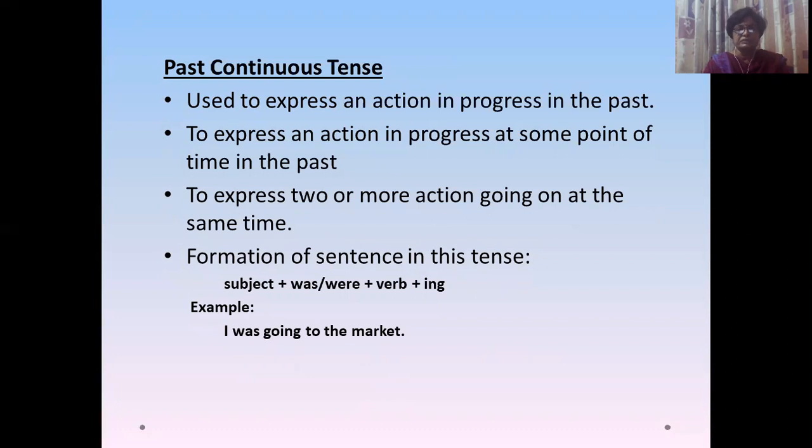The formation of the sentence in this tense will be subject plus was or were plus verb plus ing, because it is a continuous tense and it deals with an action which had taken place in the past. I am giving an example of the same sentence. In the previous one, I said I went to the market. Now in past continuous tense, we'll say I was going to the market.